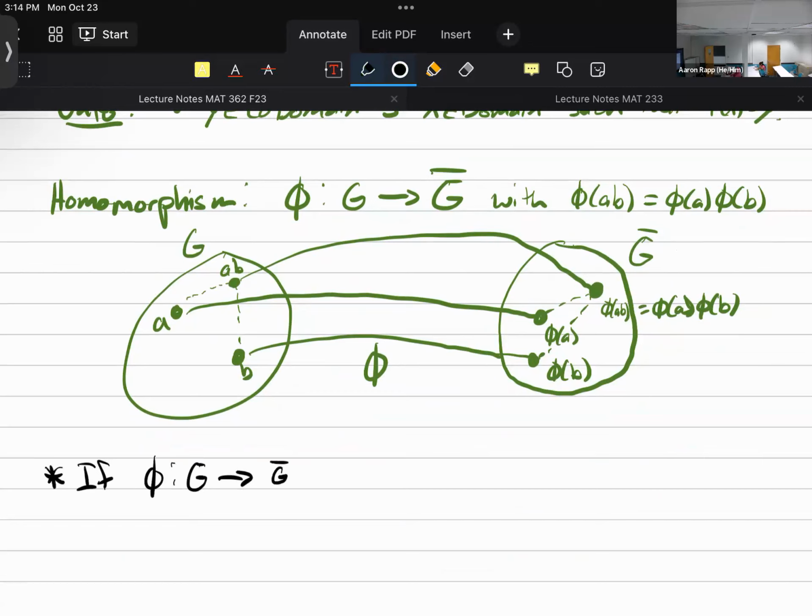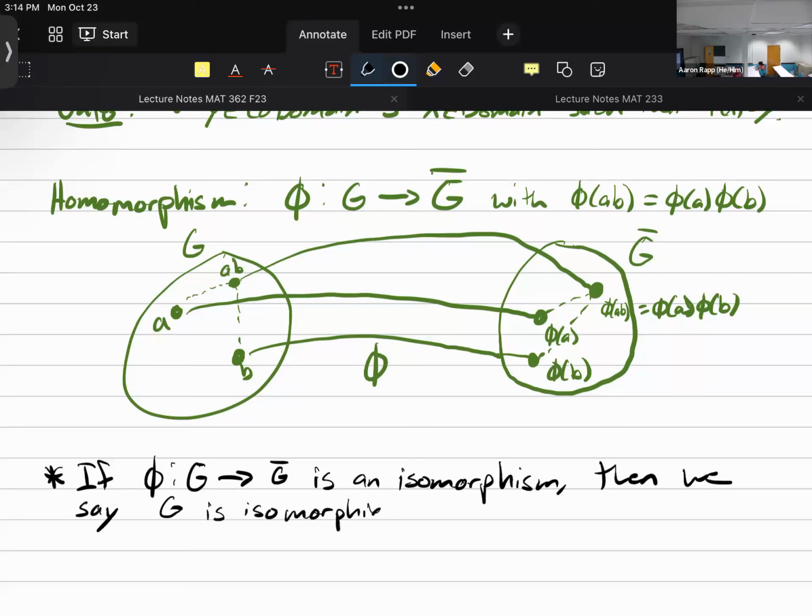So if I do have a mapping from a group G to another group G bar, and it's an isomorphism, then we would say G is isomorphic to the second group G bar.